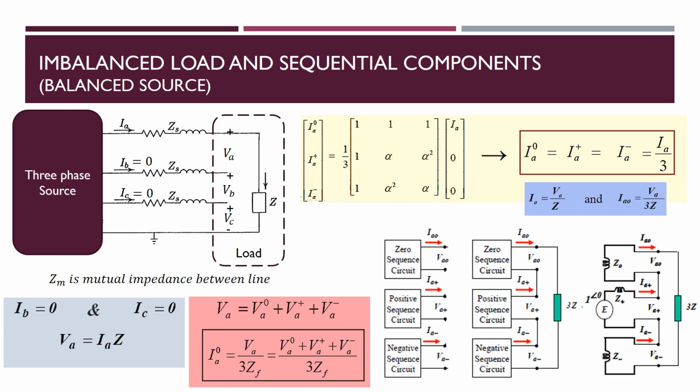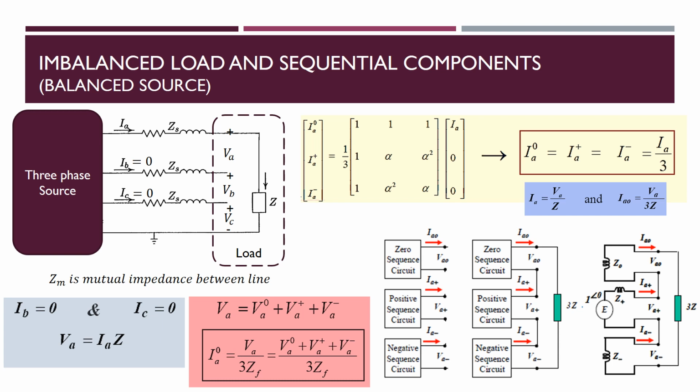Here IA plus, IA minus and IA0 components are the same. Using this equation and this network you can determine IA plus, IA0 or IA minus, and from them IA. This is how we will do our question.